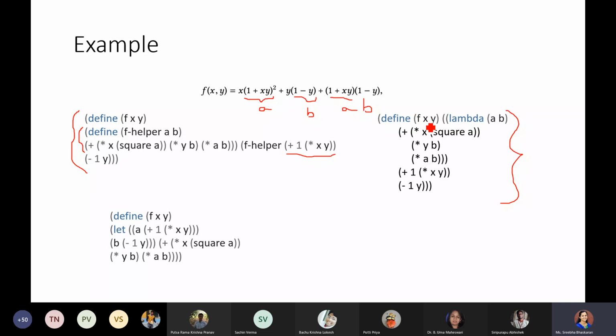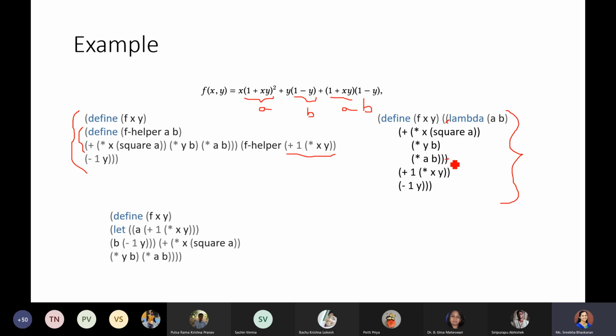So here what we have done is f xy. Instead of giving a name like f helper, I have defined it with lambda itself. For lambda, the definition of the procedure, this is the bracket which I have used to start, and I am closing it here.